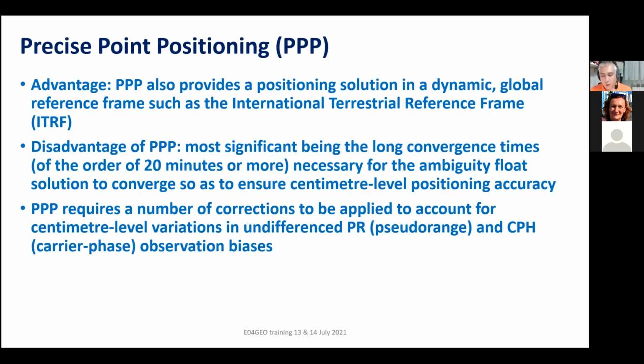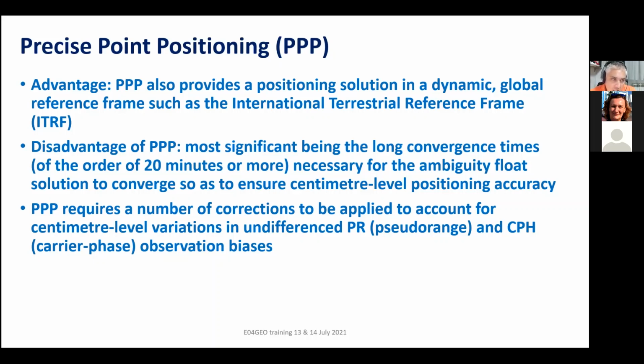Why is longer time needed to achieve that level of accuracy? Just bear in mind that you have only one receiver, and that one receiver has to cope with all those error sources.